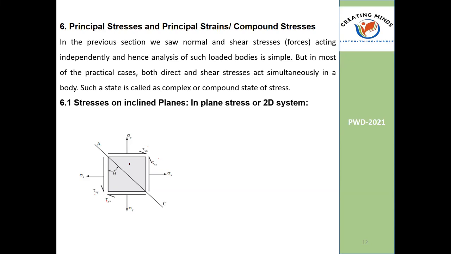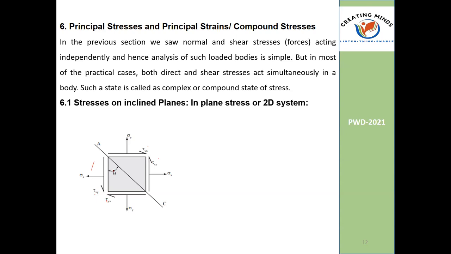I am not representing it by tau t, because on the principal plane there are no shear stresses. On the principal plane, there are no shear stresses. But if there are no shear stresses, then what is the case? We can expect the principal plane on the face of the element directly.